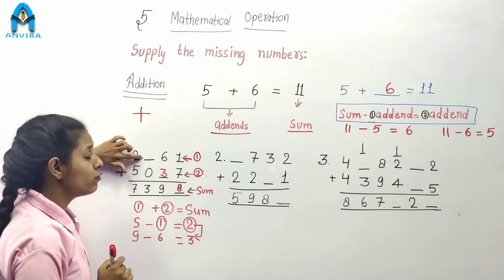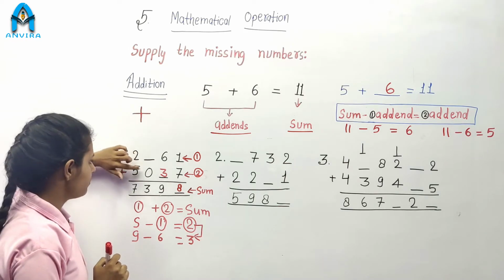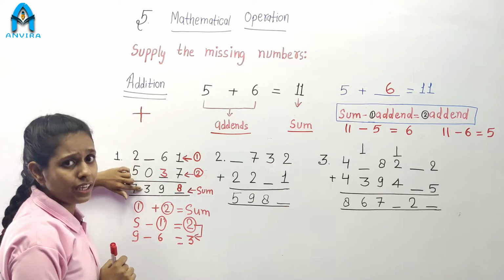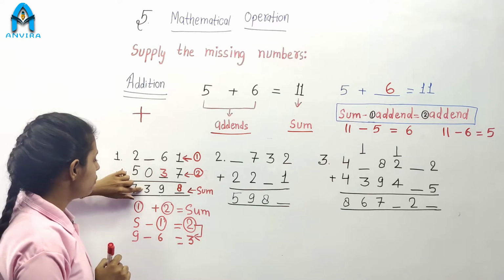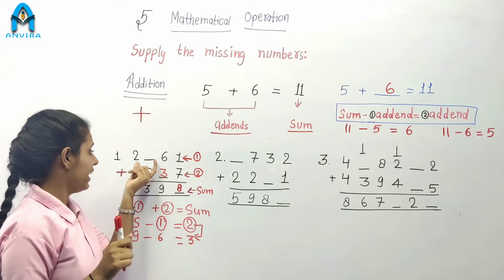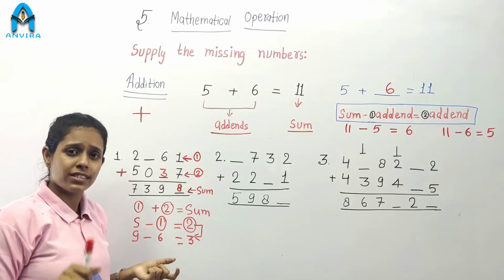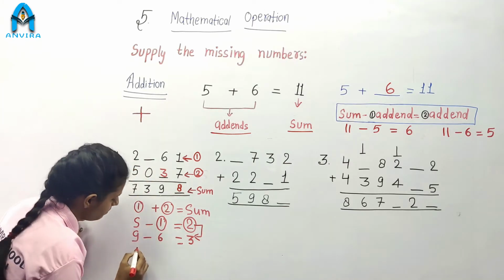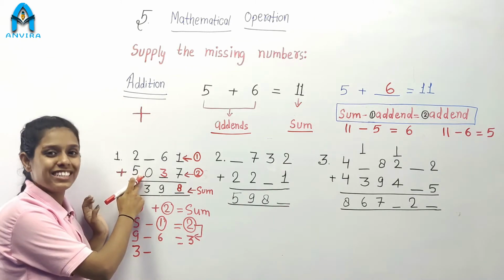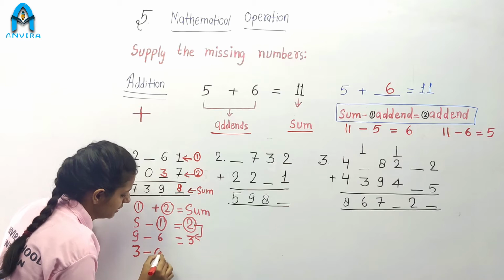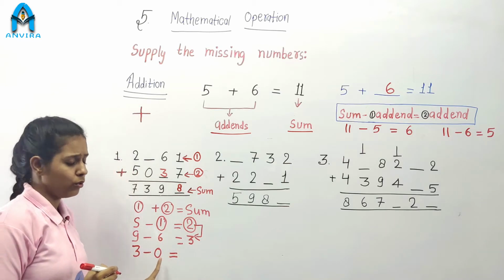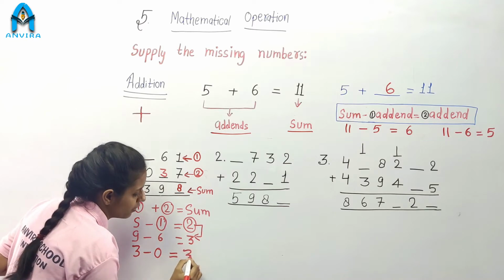In this, first addend is missing, second addend is given and the sum is given. What do we have to do? If we want to find addend, we have to subtract. Sum is 3 minus the second addend. Second addend is 0, so 3 minus 0 is equal to 3.